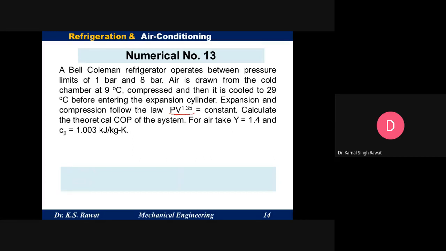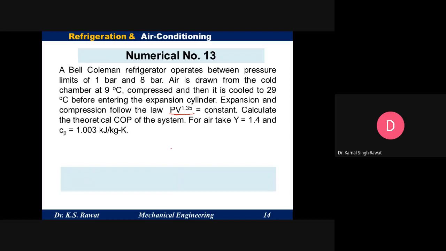So the value of n varies from 1 to 1.4. So if the value is something other than 1.4, you have to always use that formula for compression work and turbine work. That is n upon n minus 1 into R into delta T.